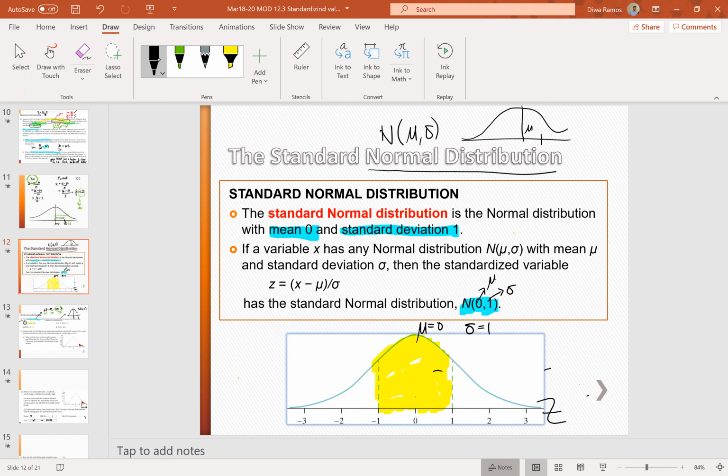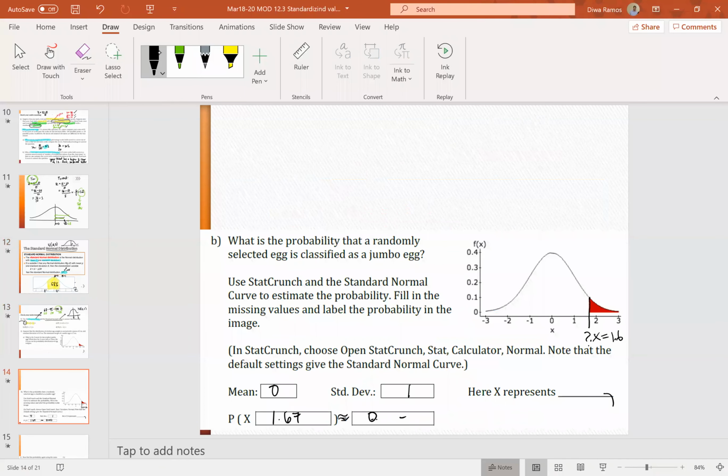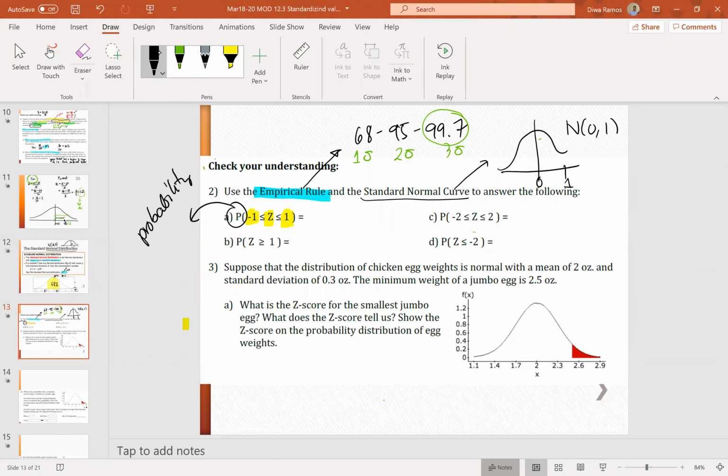It's already standardized, so we're not using x anymore. From z equals -1 to z equals 1, how many percent is that? You remember from last class? 68%. Yes, that's true. I erased this thing here, it was left over from the previous class. This is 68% by the empirical rule.